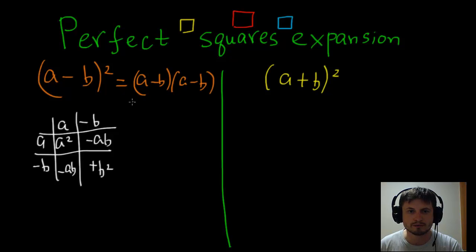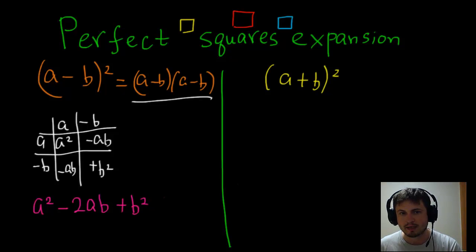So the answer to this is going to be a squared minus ab, and minus ab will give us minus 2ab. So they don't actually cancel out, you actually have to add them because it's two negatives that are added. And finally you'll have plus b squared.